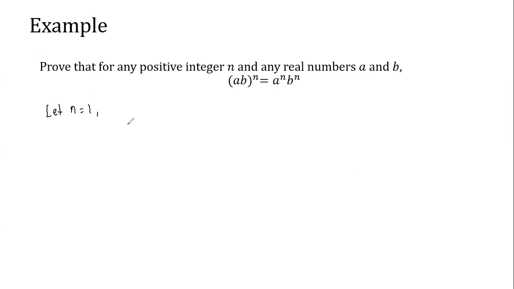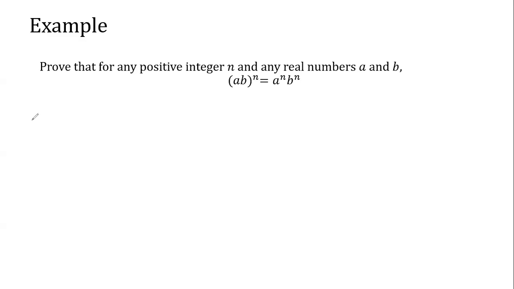Okay, so substitute lang natin sa equation. So, (ab) raised to 1 equals a raised to 1, b raised to 1. So, (ab) raised to 1 is ab, and a raised to 1 is a, b raised to 1 is b. So, as you can see, they are equal or they are identity. So, we can proceed to the next step.